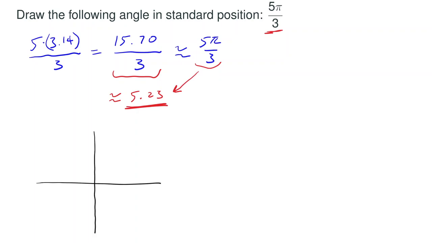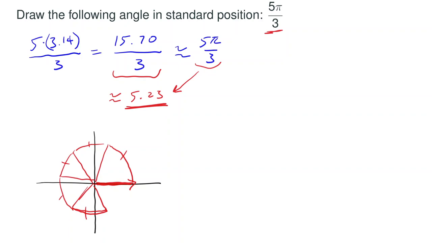So in standard position, we start from radius here. Let's say initial ray. Start from here. And here is about 1 radian, 2 radian, 3 radian, 4, 5 radian.